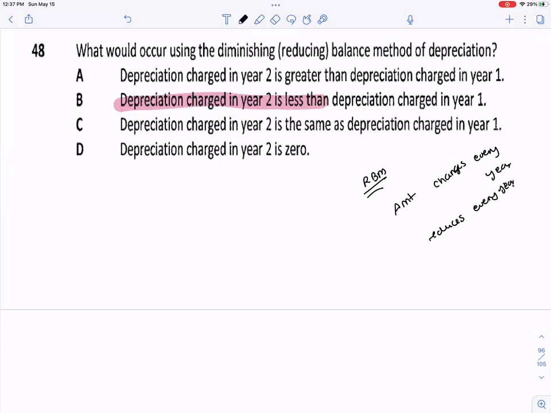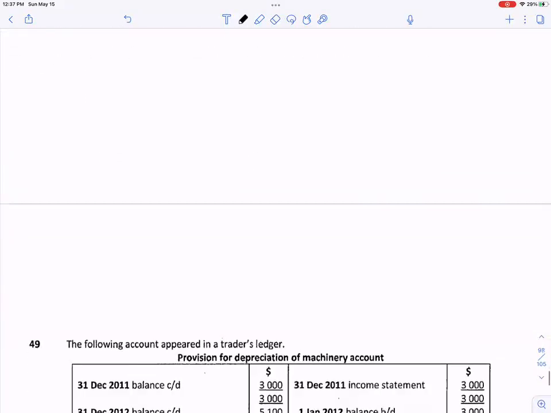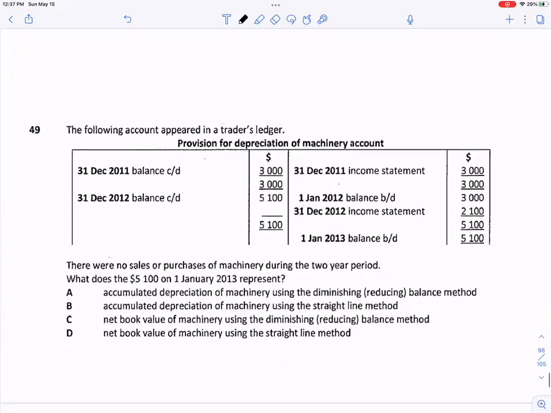So the answer would be B. In reducing balance method, every year the amount of depreciation keeps on reducing.